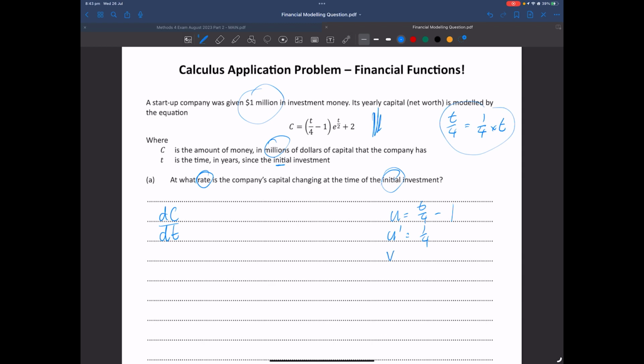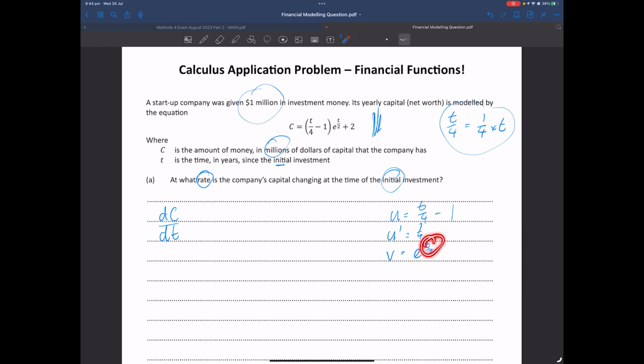And then we've got v is equal to e to the power of t over 2. I might put that a little bit further over, so I'll put the quarter in that line, and then I'll be able to put e to the power of t over 2. Now, just be mindful that if e didn't have a variable as part of the power, it would just be a number.